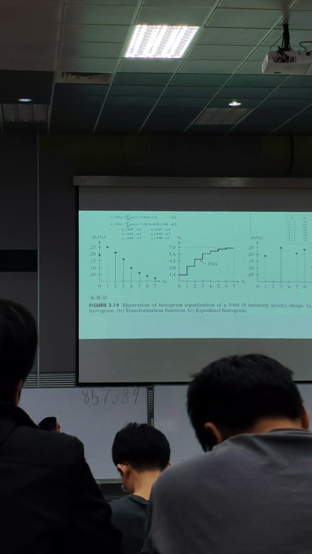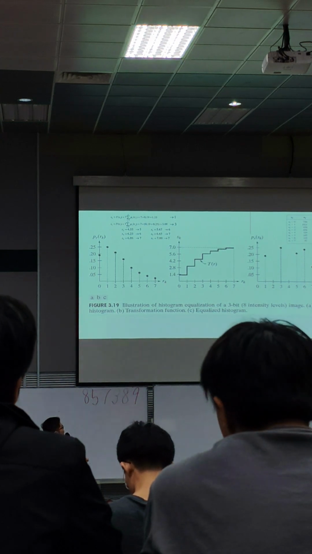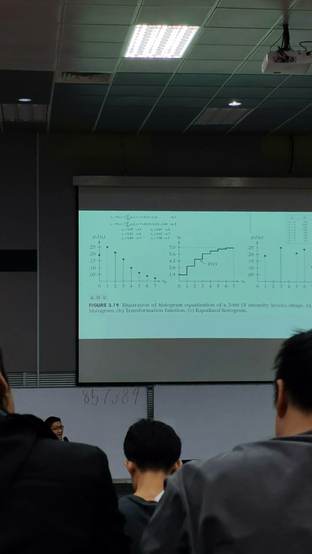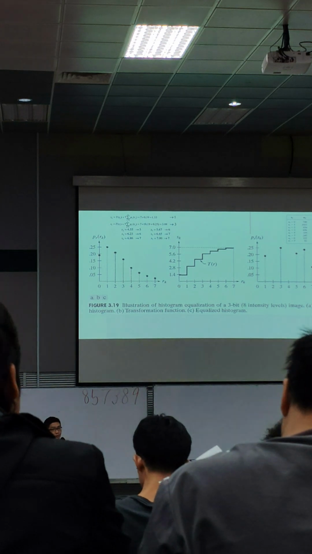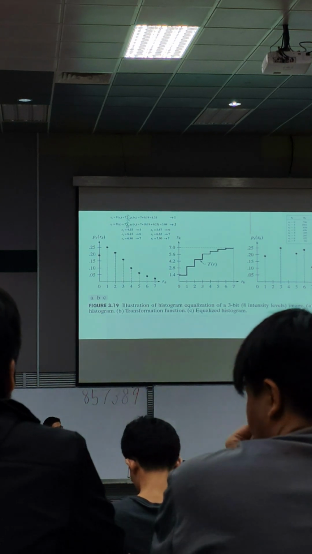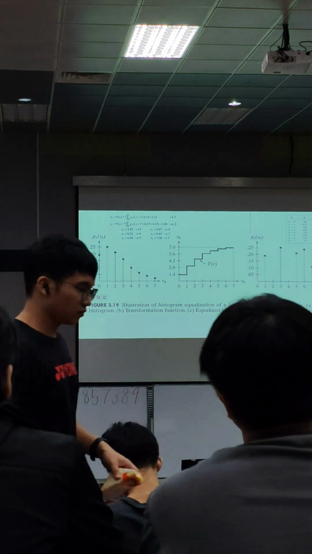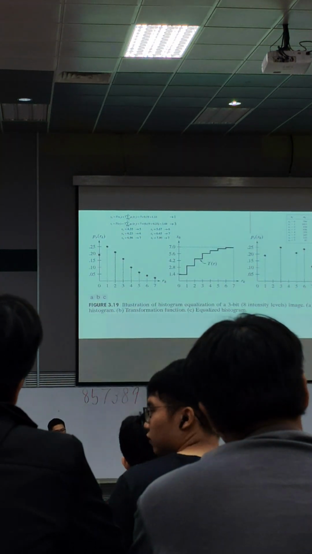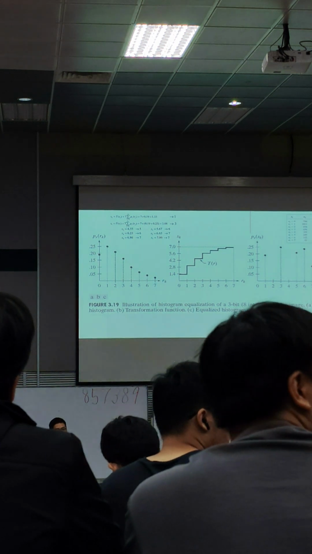Okay, coming back here. From 0 to 7, all this is my pixel value, or we call it an intensity. Remember, we use intensity and pixel value interchangeably because they are referring to how intense the color is.